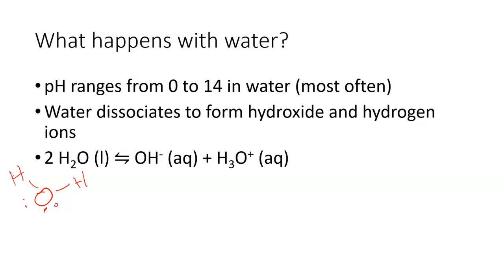So here's our Lewis structure for water. And what's going to happen is that this hydrogen is going to come off as H+, and notice these two electrons from this bond are going to become part of the oxygen.